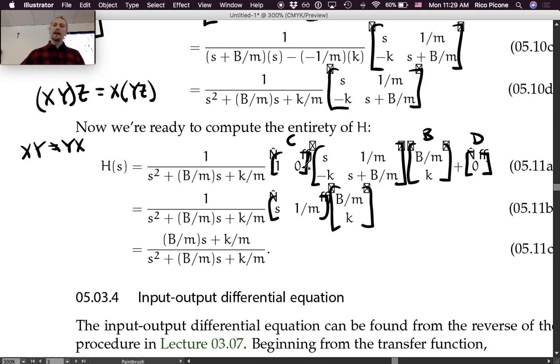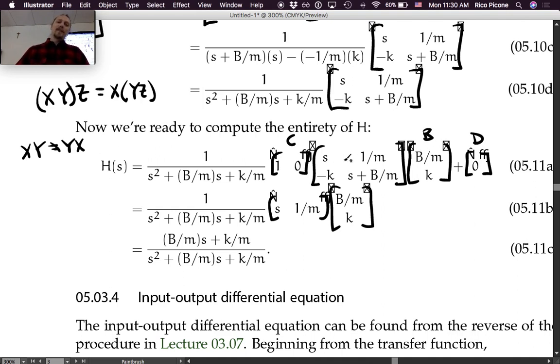So we can take C times this matrix first, or we can take this matrix times B. I'm going to go with C times this matrix first because multiplying something by 1 and a 0, super easy. Multiplying it by B over M and K, nah, not as easy.